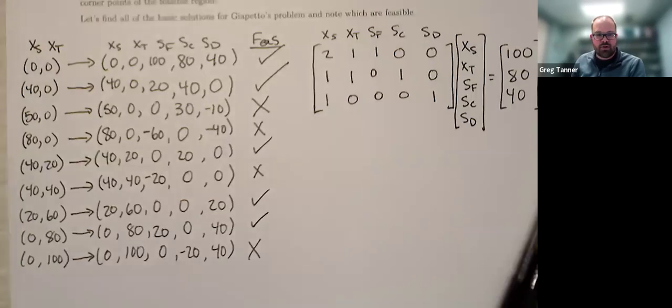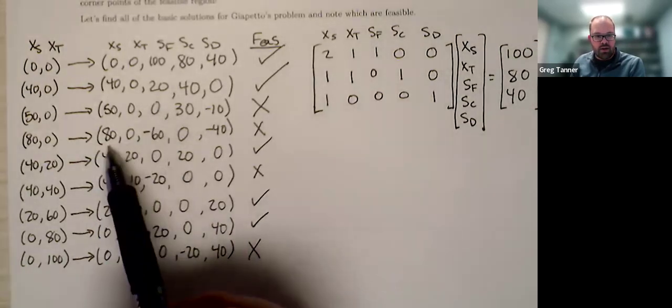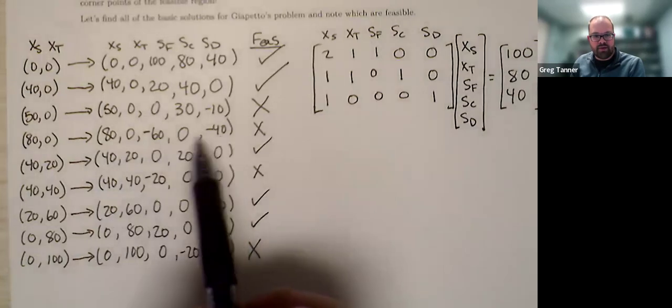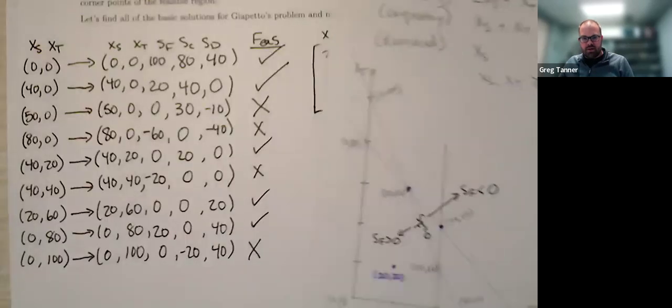Okay, here you go. Here are the full augmented vectors for each of the rest of them. We see that all the ones that have negatives in those augmented vectors are the ones that are not feasible. All the rest are basic feasible solutions. This idea of basic feasible solutions corresponds to corner points in here.